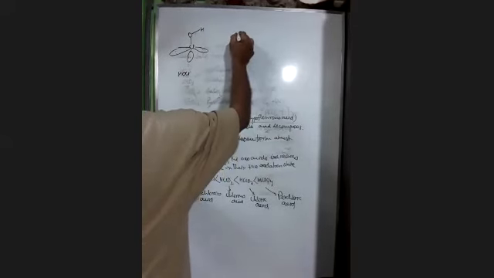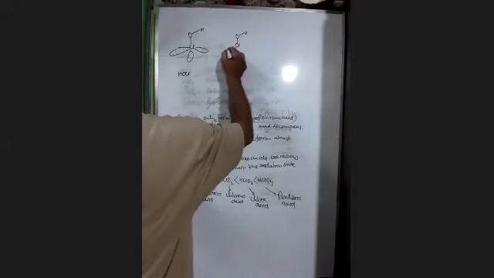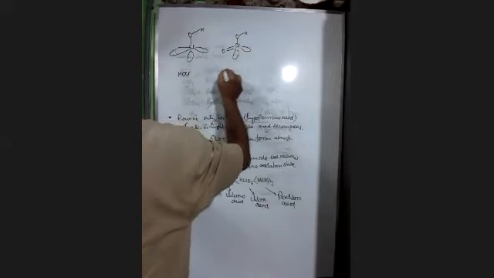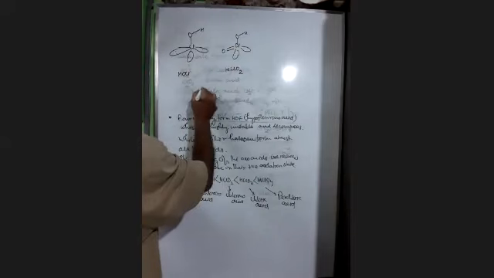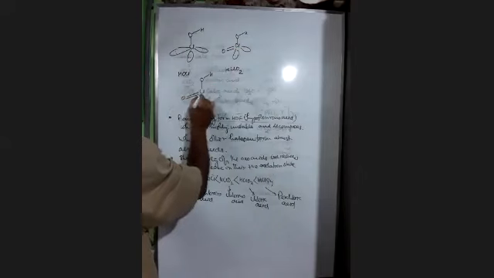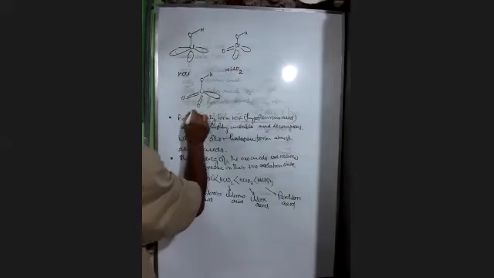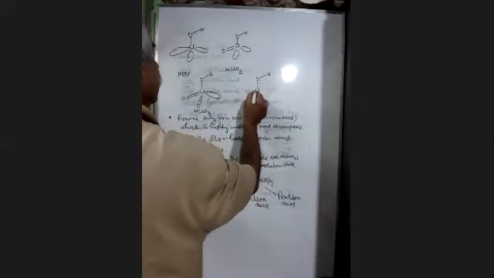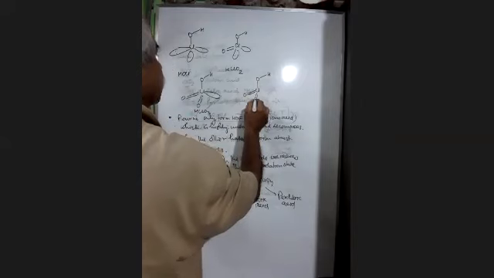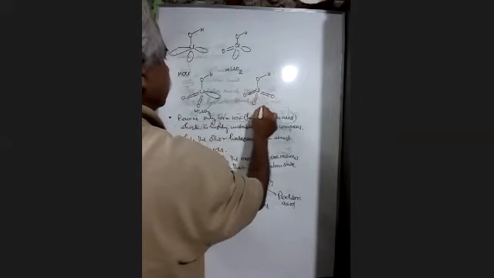Then these are the lone pairs which you cannot see. This is HClO2. Then this one you cannot see. It is HClO3. These structures are important for your exam. It is HClO.